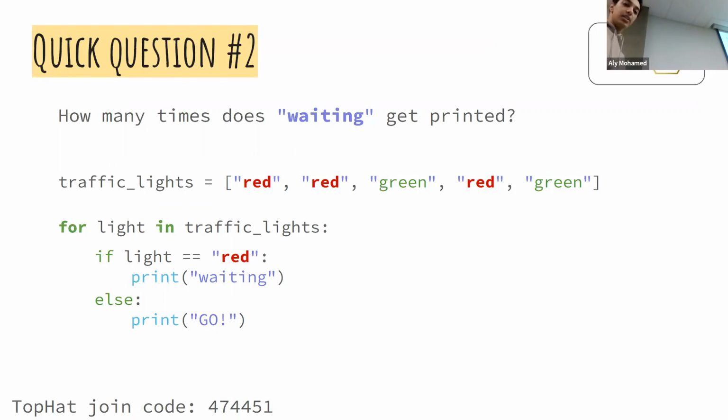We have a list here, and the list is holding a bunch of strings. Strings is what we call words, right? So it's holding a bunch of words, okay? And then you have a for loop. This for loop is iterating through the elements of the list. So your list here is the traffic lights, and the light is the element, okay?